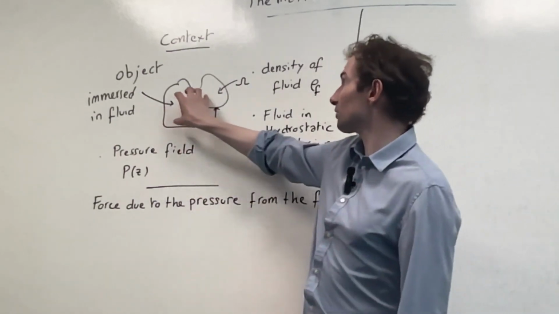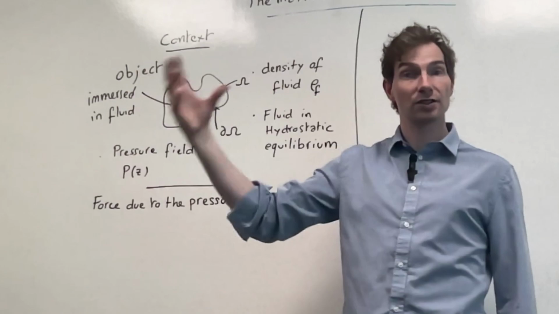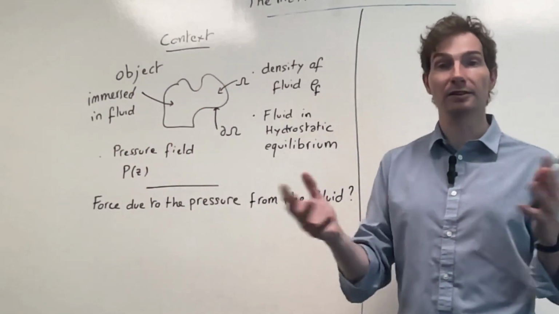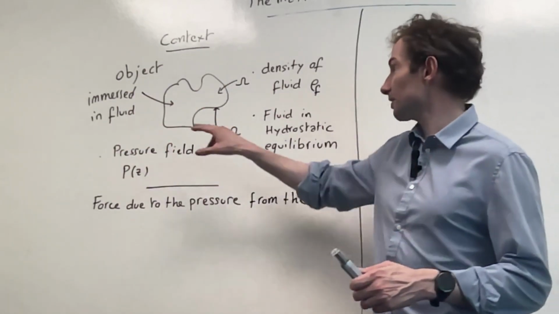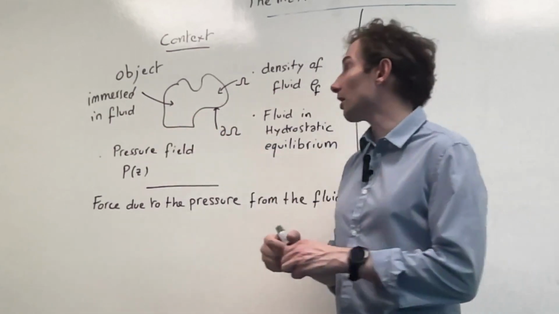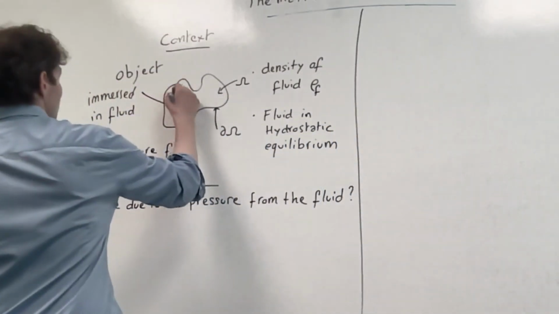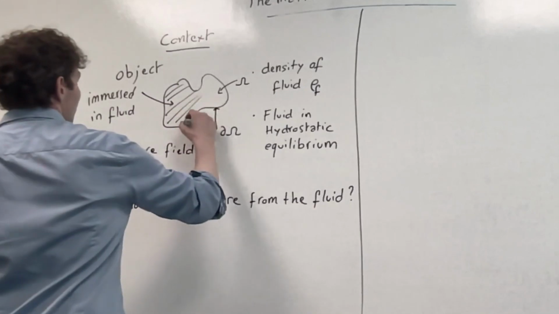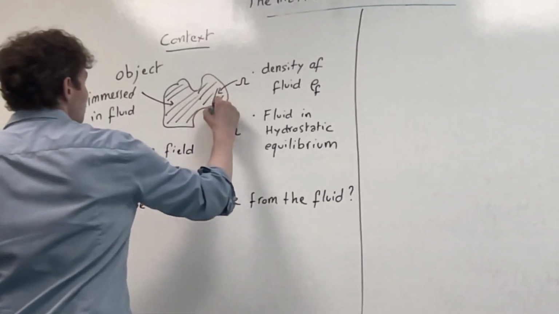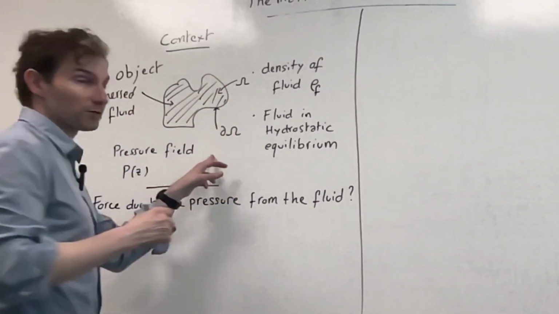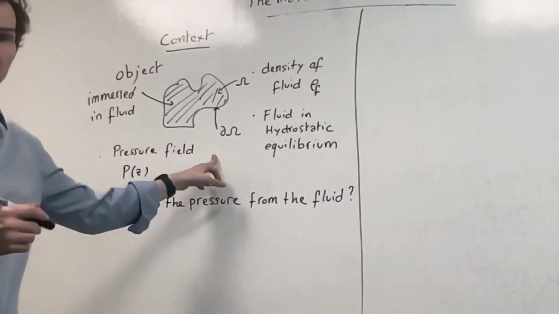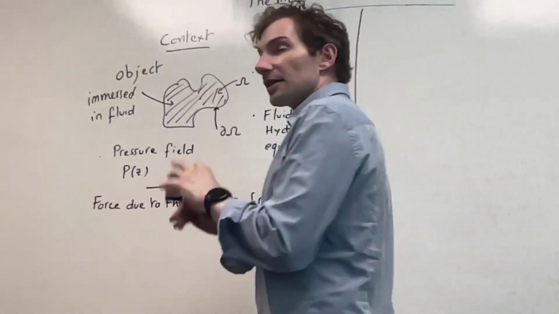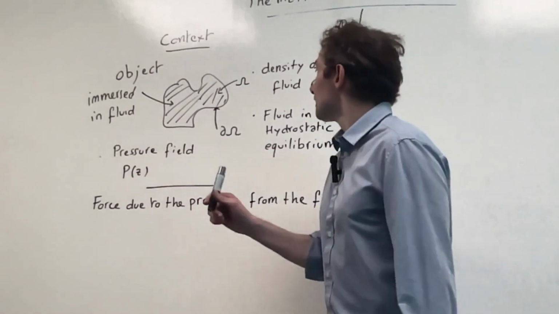The object is made of some material, usually solid, and inside there is no fluid. So you can put some hash here to make sure that this is not the same as the fluid surrounding it. At least that's one way to view it.